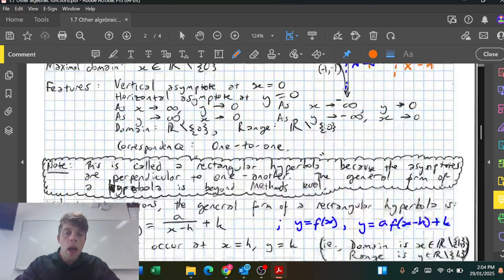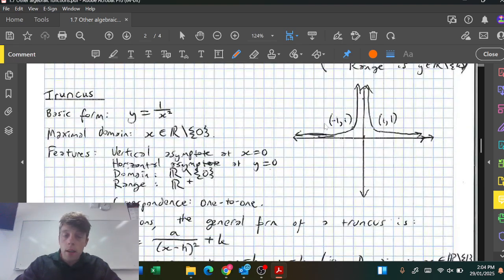So anyway, moving on. We've got the truncus as the next one. The truncus has the basic form of y equals 1 over x squared, very similar to the hyperbola, it's just squared down the bottom. It looks a bit like a hyperbola, but of course, whenever we square a negative number, we get back a positive number. So if I put in, for example, negative 1, I get 1 over negative 1 squared.